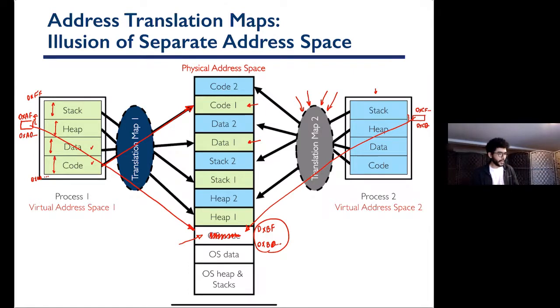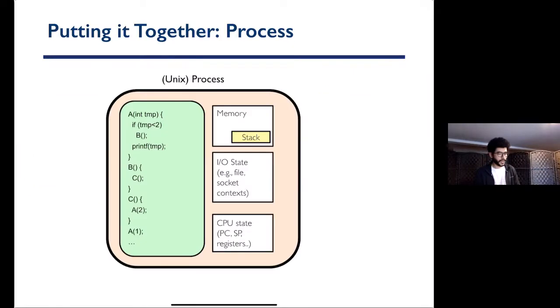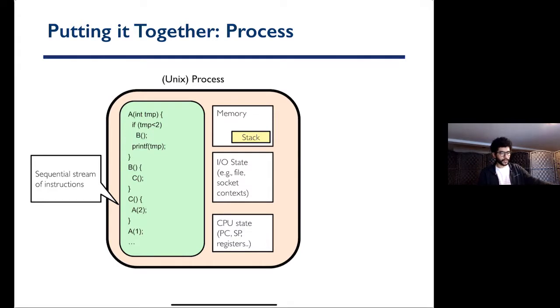Let's move on. Now I'm going to put everything together. So this is basically what we talked about. This is a Unix process. It has a sequence or a stream of instructions that has to be executed. It has some resources for it. Very specifically, it has a memory region. I have highlighted a stack here.